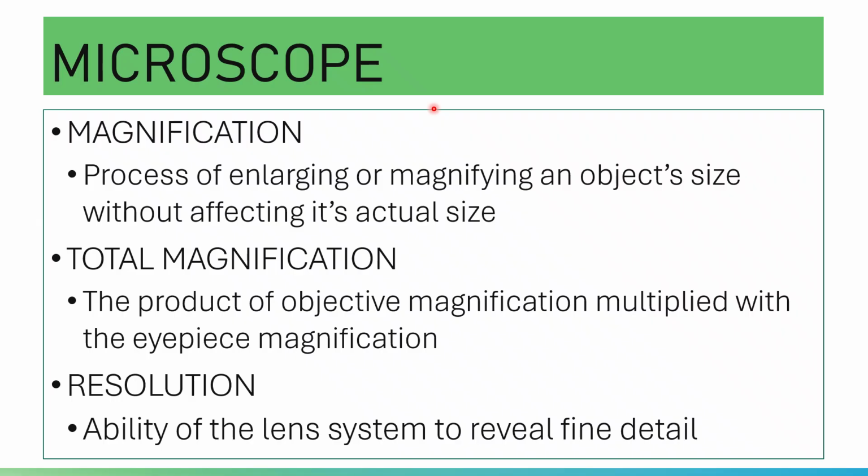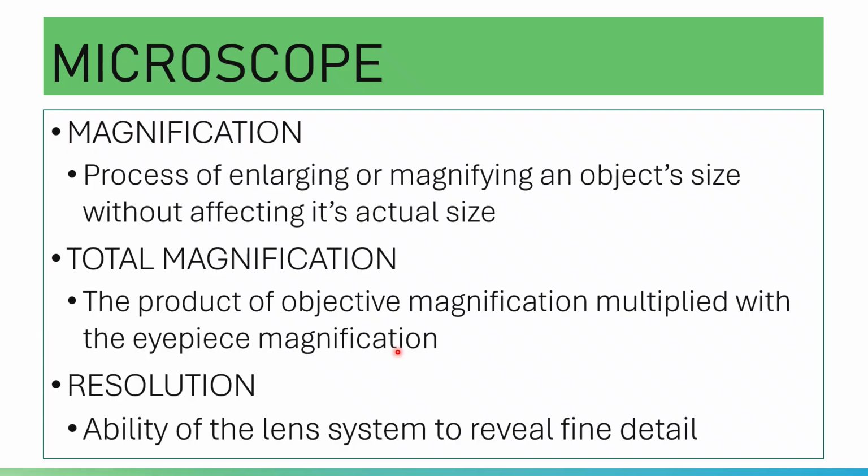And then you have your total magnification. Your total magnification is the product of your objective magnification multiplied by the eyepiece magnification. Your eyepiece magnification is typically 10 times.